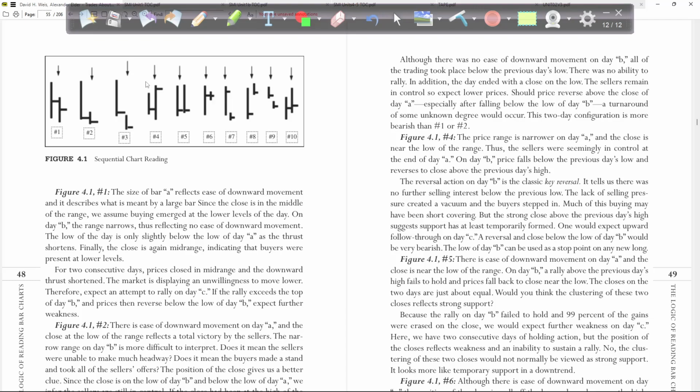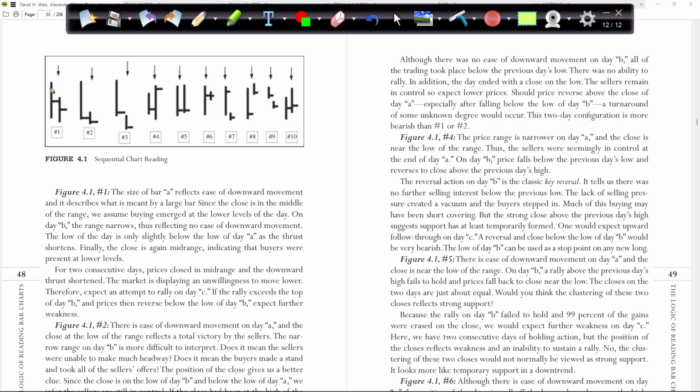So what we are saying is this bar closed near the middle with a big price range. What's happening the next day is that the market dipped below this close, even the low, but it went up and closed near the high, which shows the buyers were present at this low.